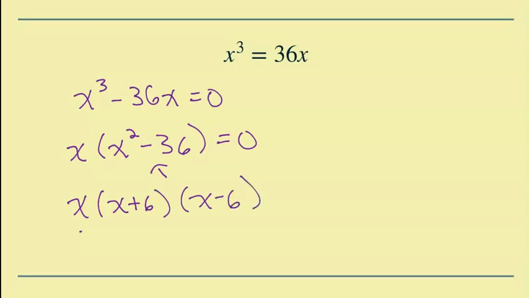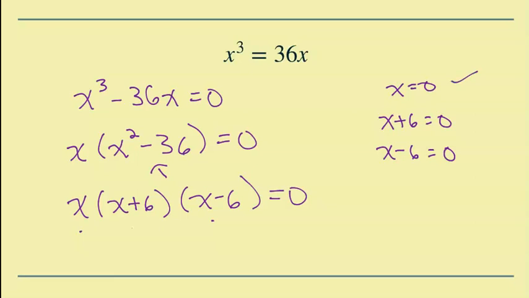Well, now I have three chunks that, when multiplied, are equal to 0. So what that means is either the first chunk equals 0, the second chunk equals 0, or the third chunk equals 0. All right? Well, the first chunk, if x equals 0, then x has to be 0. So that's our first solution.